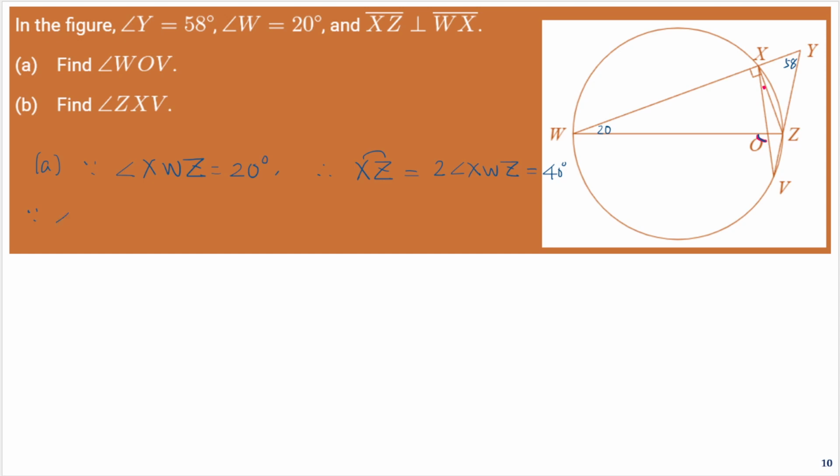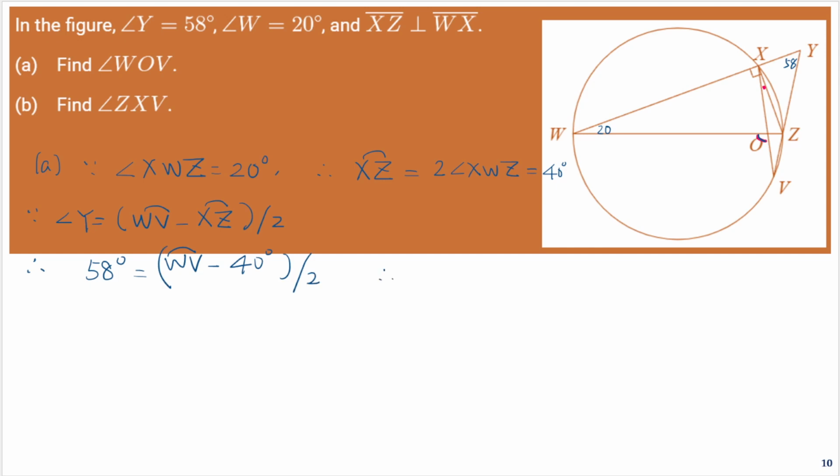And because angle Y equals the difference between the arc WV and arc XZ divided by 2, we then have 58 degrees equals (WV minus XZ, which is 40 degrees) over 2, right?